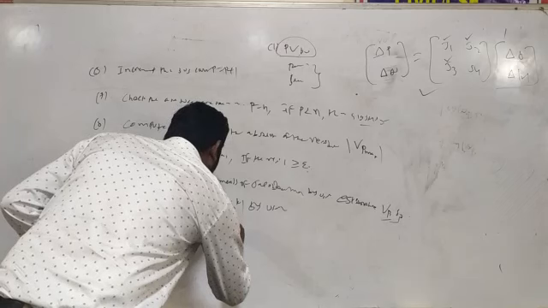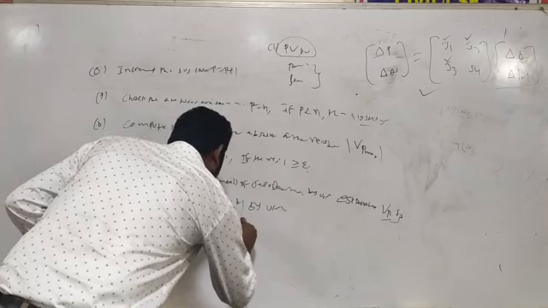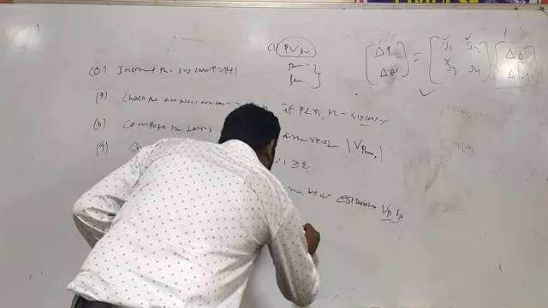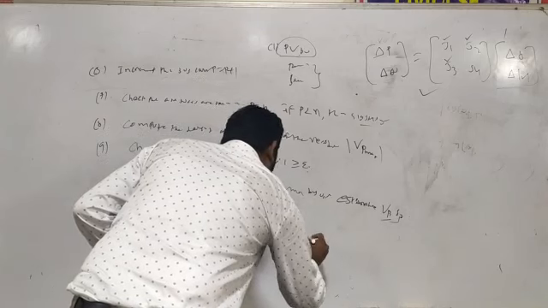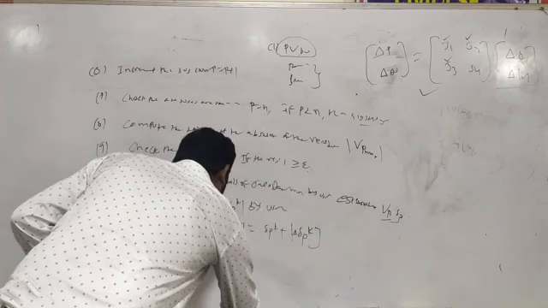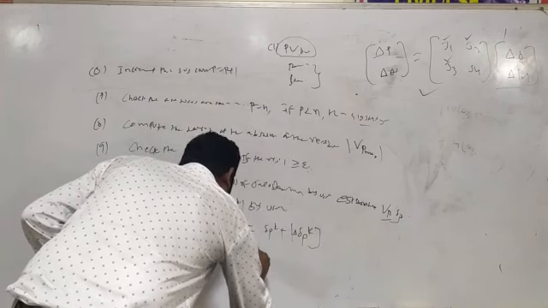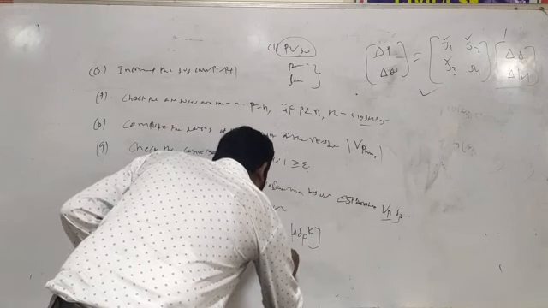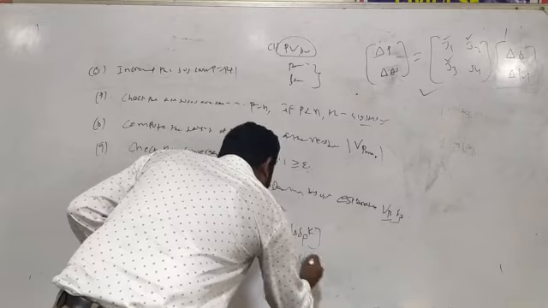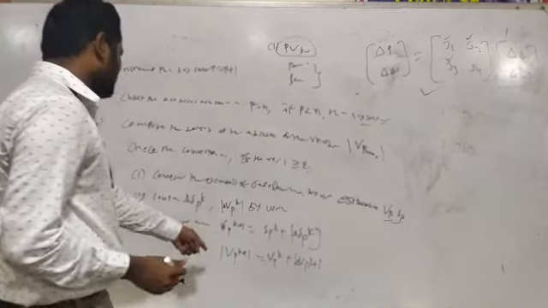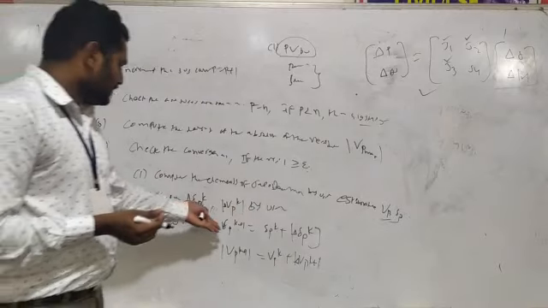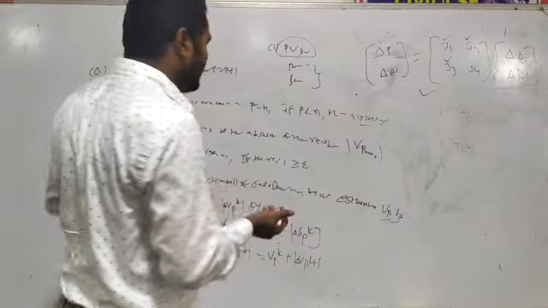That means delta P power k plus 1 is equal to delta P power k plus delta P power k, and next Vp power k plus 1 is equal to Vp power k plus delta Vp power k. So by using these two equations, we have to find out new bus voltages and phase angles of all load buses. That means PQ buses.